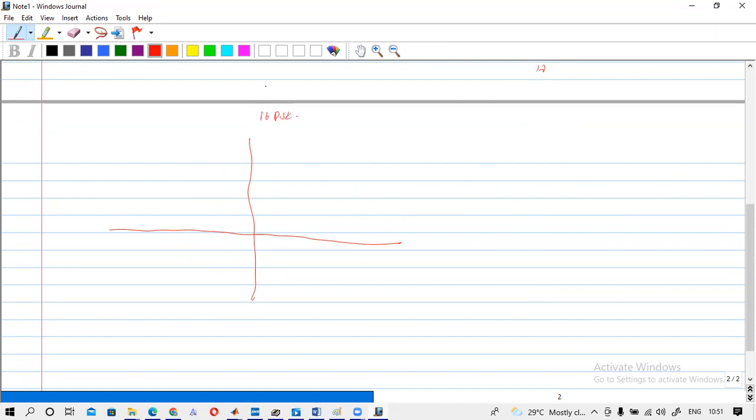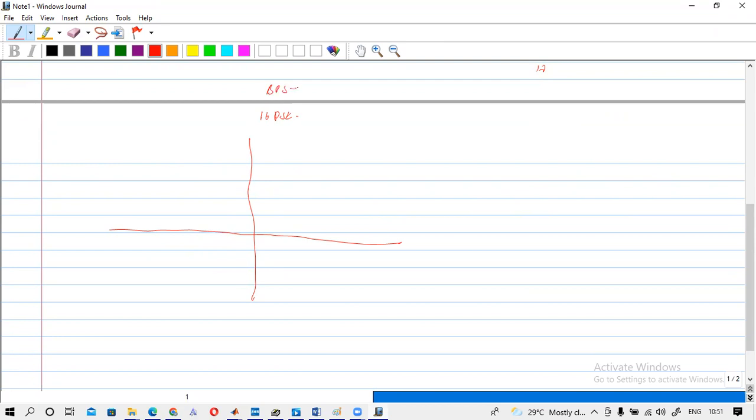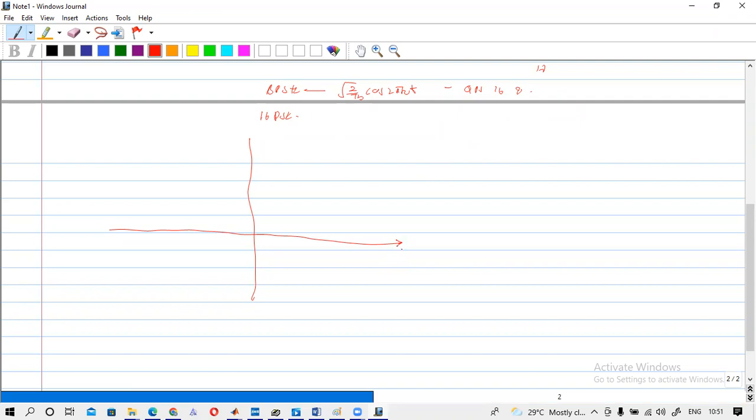You know that for BPSK you have only one basis function, as I remember, root 2 over Tb cos 2πfct. This is for BPSK. But for QPSK, 8 PSK and 16 PSK, we should have 2 basis functions. So one will be this basis function and the other will be this one.